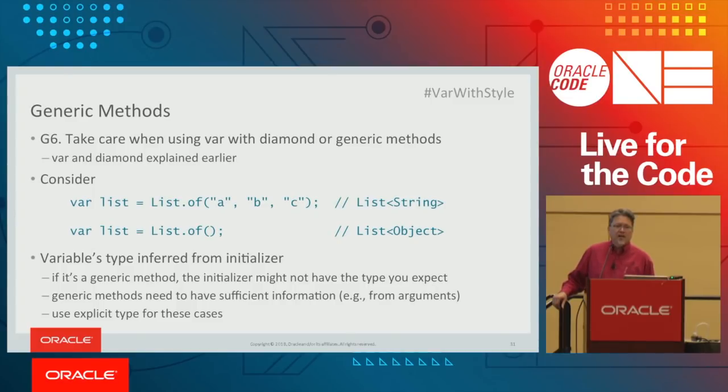What if you just say List.of(), which returns you an empty list? What's the type of that? Well, it turns out that the compiler will infer List<Object> for you. And that might not be what you want. So in that case, maybe it's better to use an explicit type. So in this case, if you're using generic methods, make sure that there's enough information in the arguments or in the target type to provide the typing information.